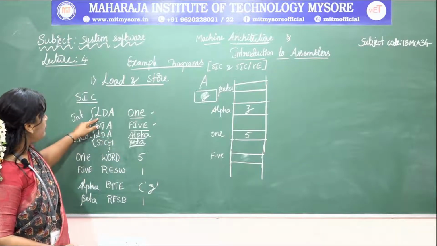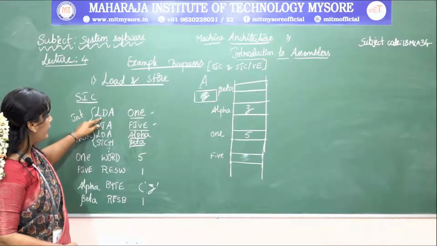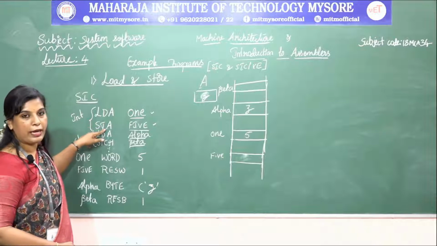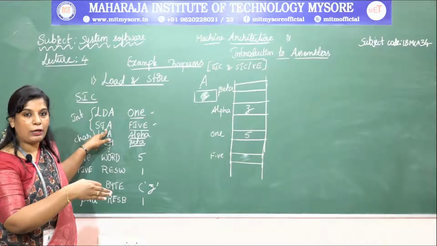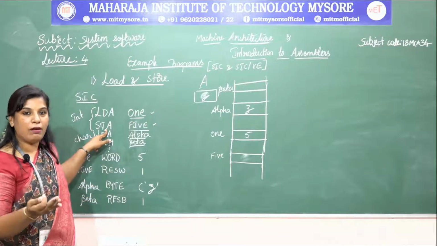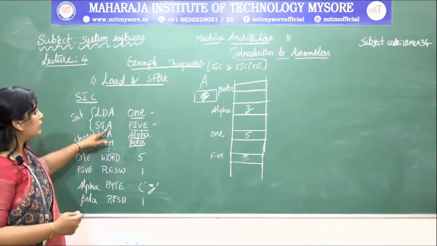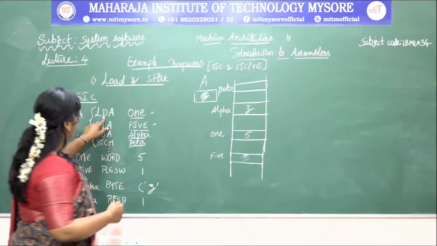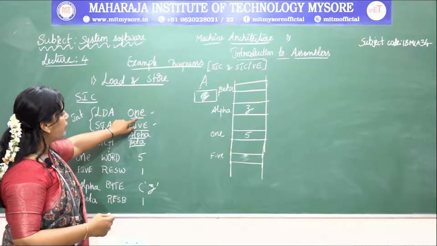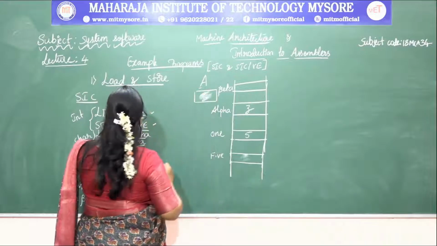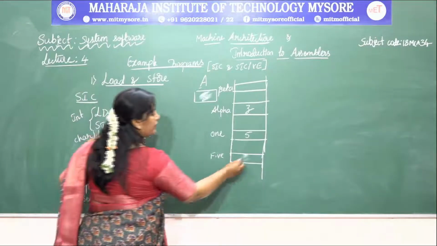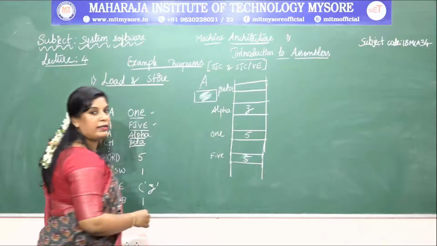For load and store we use load accumulator and store accumulator: load from memory location to accumulator, store from accumulator or register to memory location. The first instruction loads the accumulator with the value 5, and the second stores the same value to another memory location.